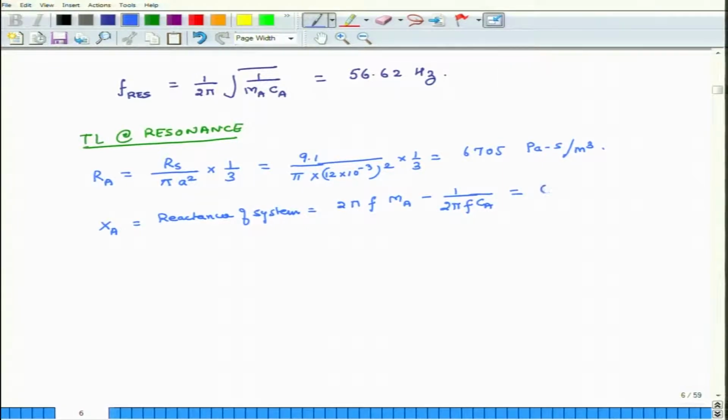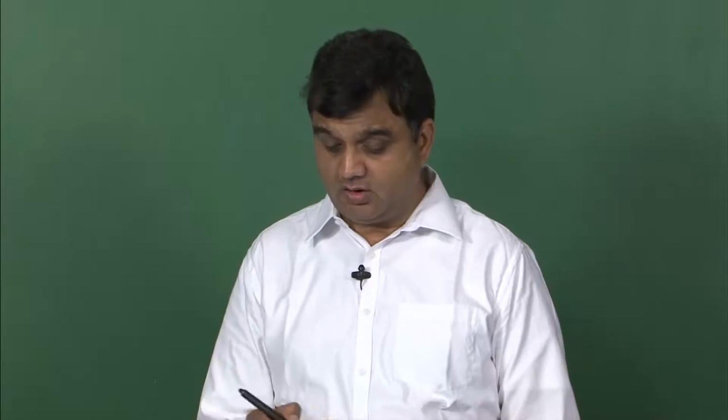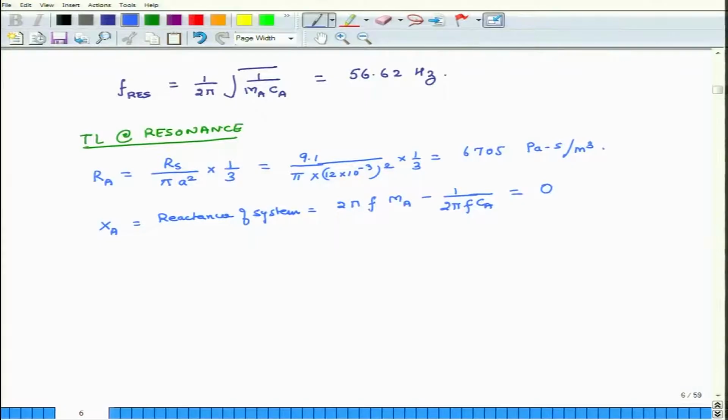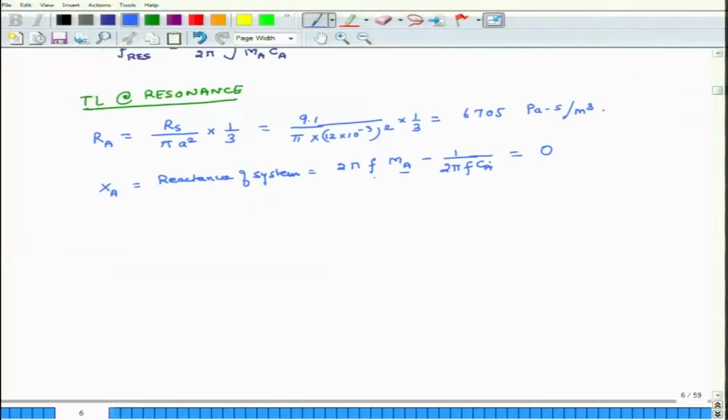So, I can directly write this value as 0. But if you are not convinced, you can plug in the value of f as 56.62 Hertz, ma as 405.4 which we have calculated earlier, and Ca as 1.949 into 10 to the power of minus 8, and you will find that this value is extremely close to 0.